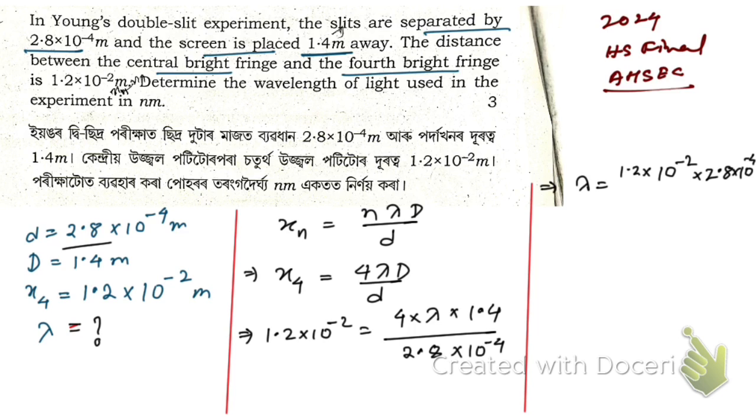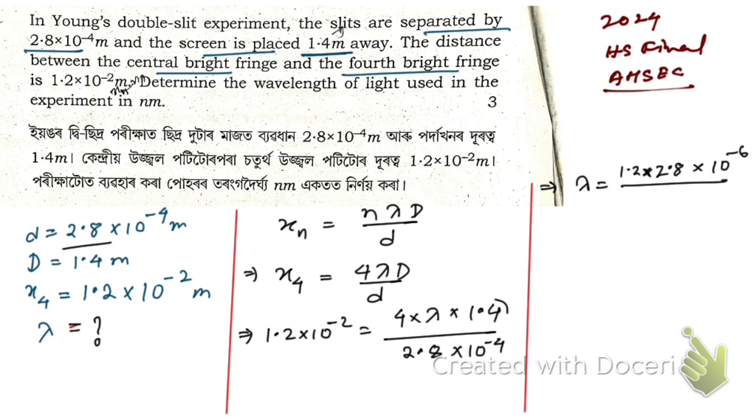So here we can write 10 to the power minus 6. Okay, 10 to the power minus 4, 10 to the power minus 2, that's going to be 10 to the power minus 6, right? Hope you have understood this.